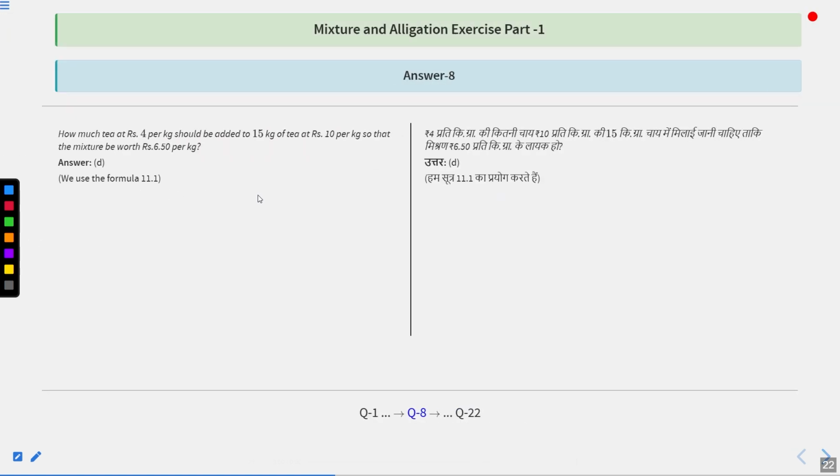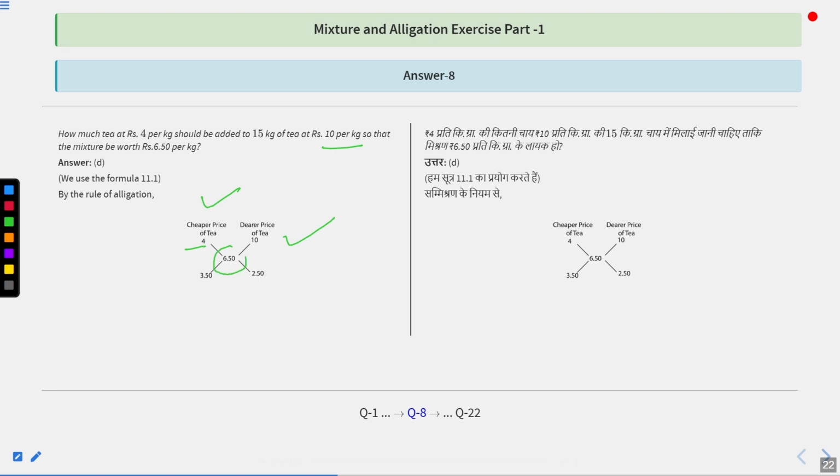Now we are going to use formula 11.1, which is the allegation formula. Cheaper price is 4 rupees per kg and the dearer, or costlier, tea price is 10 rupees per kg. Clear? So when we take the mean average price, it is 6.50. When we calculate, the ratio 3.50 to 2.50 becomes 7:5.